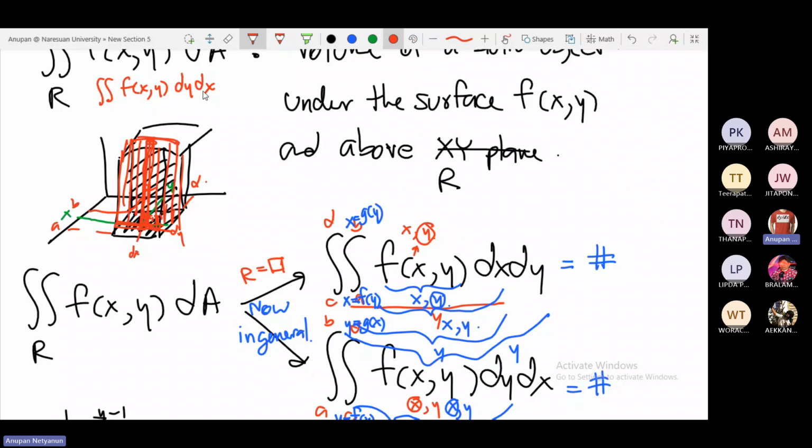Then you integrate with respect to x, which is running from a to b. At each x, you have a line of poles, so you add them up together, and it becomes the solid object under this surface here. I don't know if you remember, but go back and do the review.